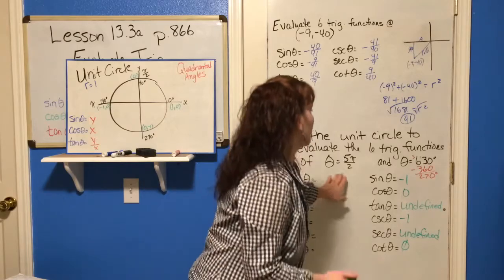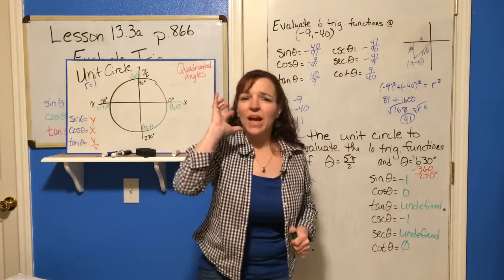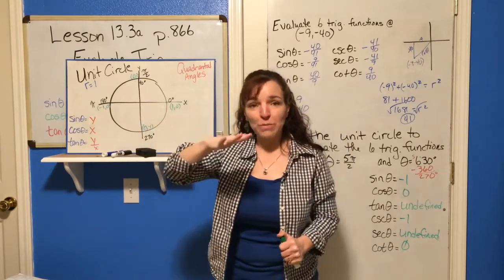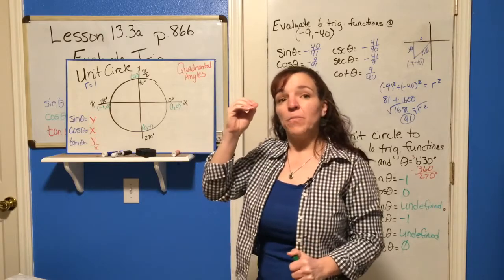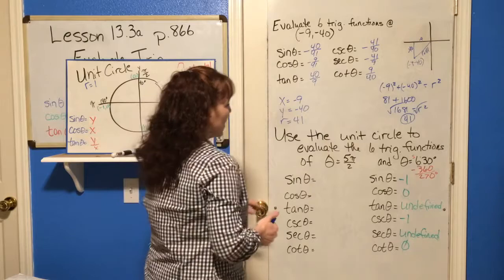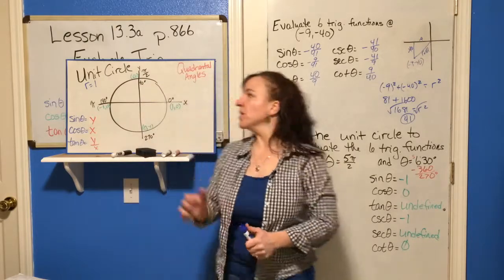Guess what? With the radians, it's just as easy. It's just a matter of wrapping your head around using pi as your measurement instead of the degrees. So what we'll do with this is we'll say, okay, theta is 5 pi over 2.